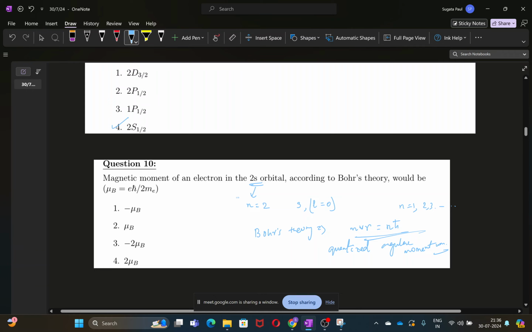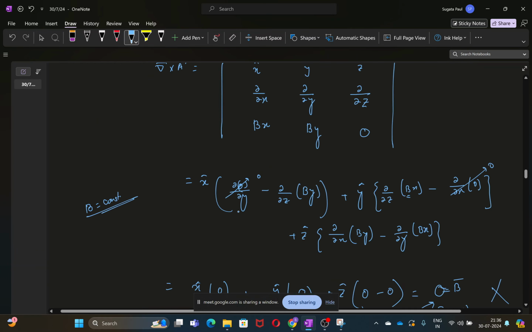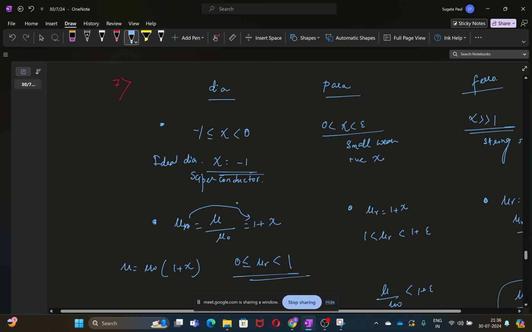Now you are asked to calculate the magnetic moment for the electron. So we will use the basic definition of magnetic moment, not very complex, that magnetic moment equal to loop current into loop area.